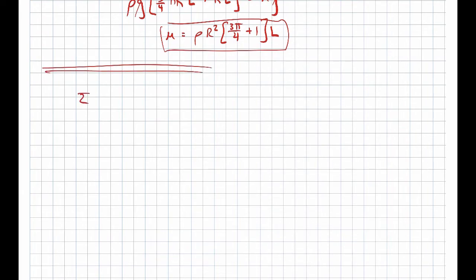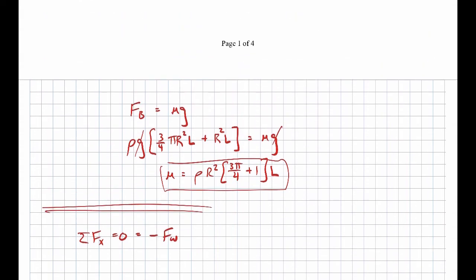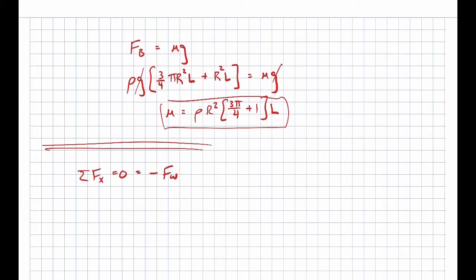So here we're summing forces in the x direction, setting equal to 0. We'll have minus FW. Let me go back up to the picture. Sorry, I'm scrolling back and forth, but FW is pointed in the minus x direction. And then we'll have the pressure force in the x direction.